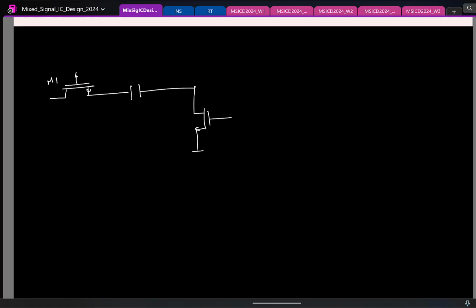So if I call it M1, M2, I clock this at phi and this at phi E. But then I find that when this guy is off, I have a small off capacitance, which means I still have a closed path for this channel charge to go that can impact me.